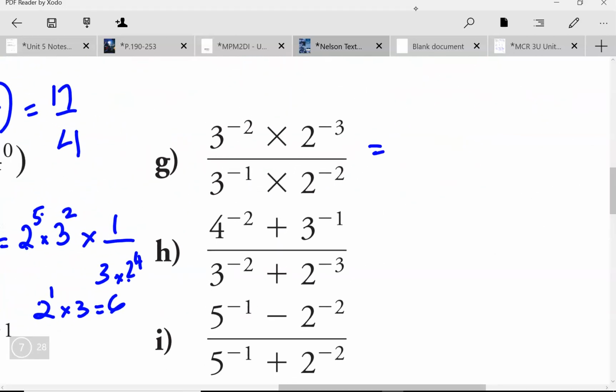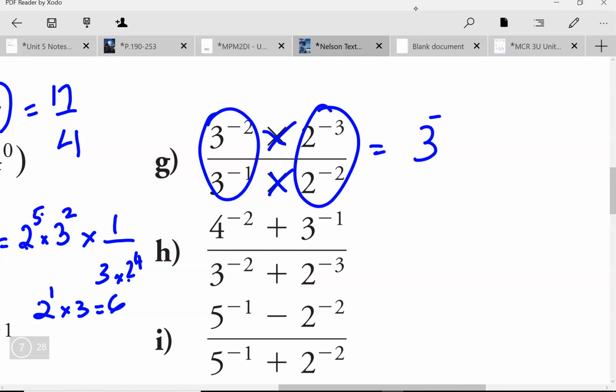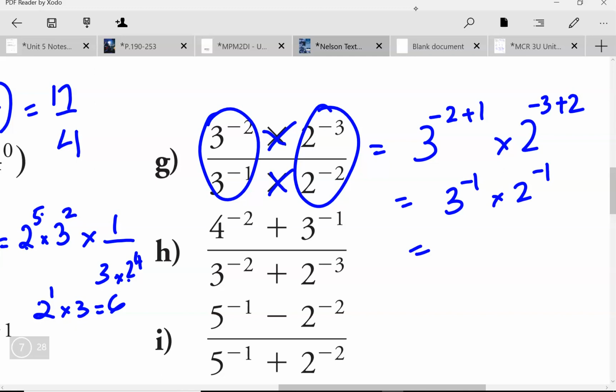Again, here everything is just multiplication, as you can see, so I can just use the quotient rule because they're nicely set here like this. Negative 2 minus 1 is plus 1. Minus 2 is plus 2, which is just 3 to the power of negative 1 times 2 to the power of negative 1, which is really just 1 over 3 times 2, which is 1 over 6, whichever way you want to think about that.